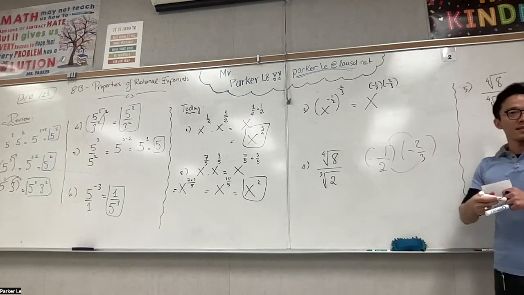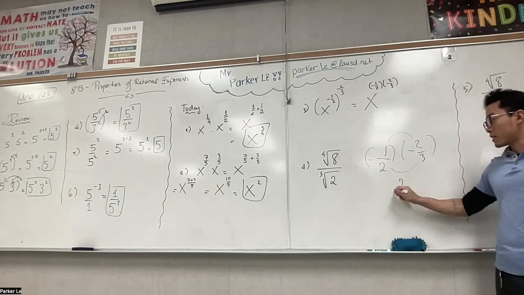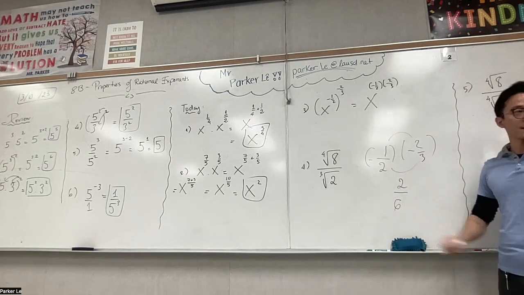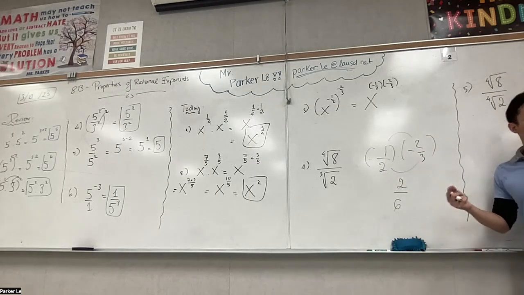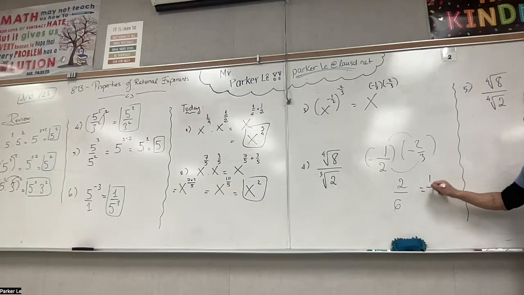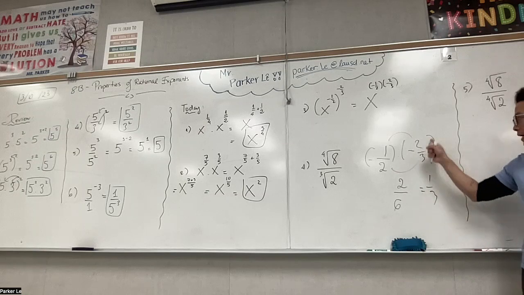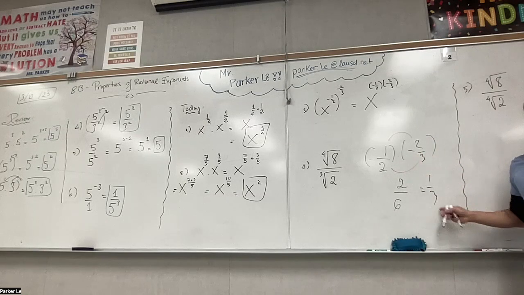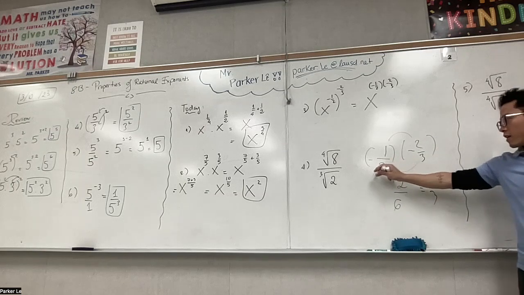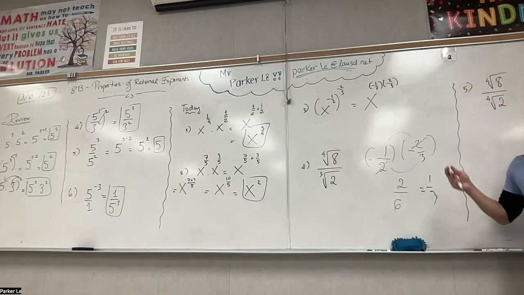That's it. Would it be positive 2 and 6? Yes, top to top, bottom to bottom. So 1/3. Faster is you cancel the 2. You need to simplify it. Here it's better if you can see the 2 on the bottom and the 2 on the top, you can cancel it.